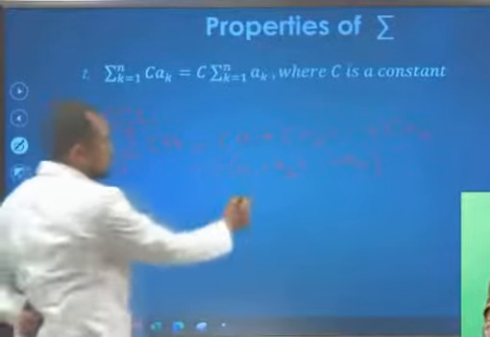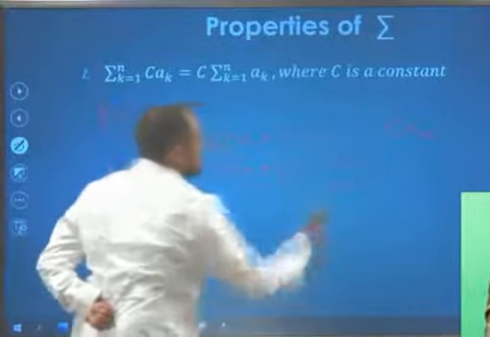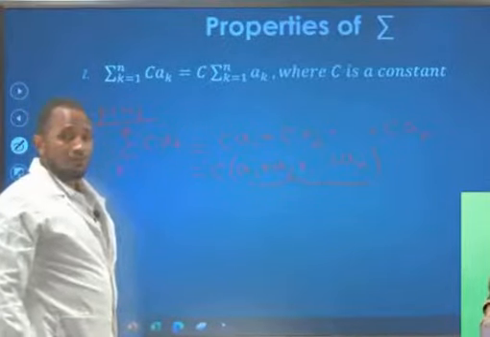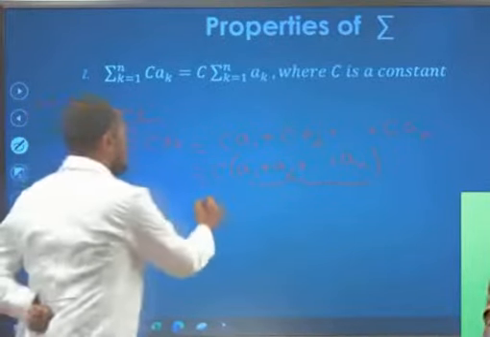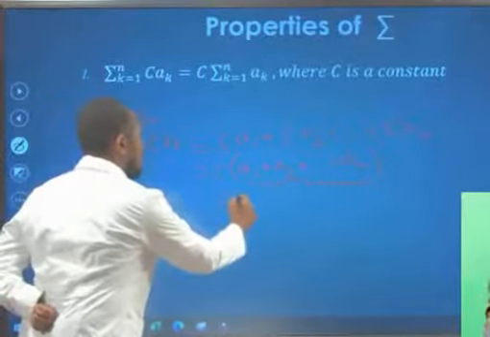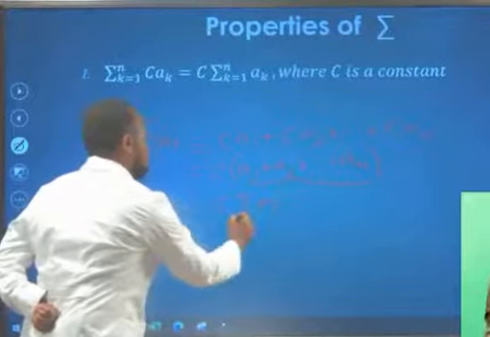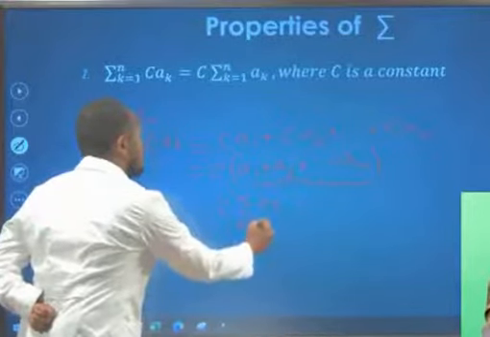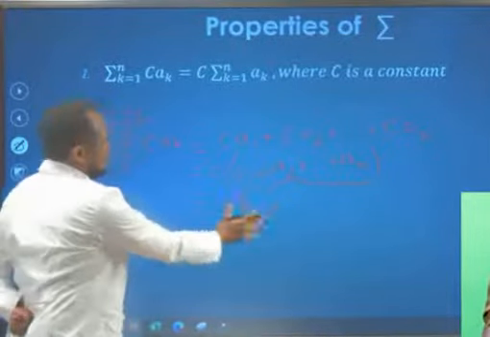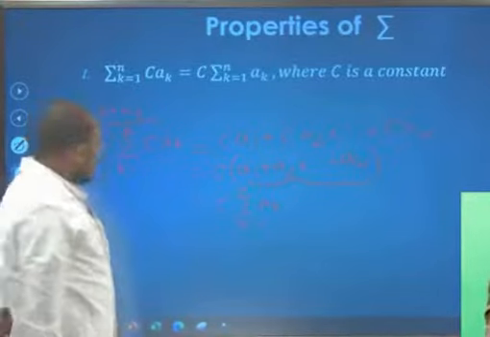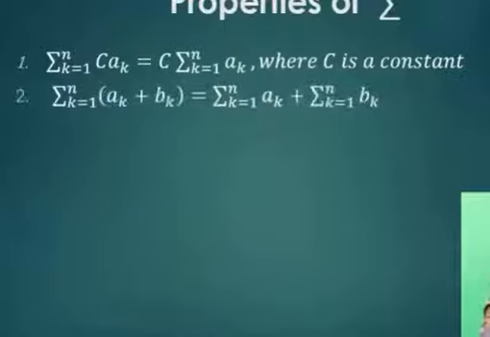From this you can see that this is the sum of a_k, k starts from 1 up to n. So this is equal to c times the summation of a_k, k starts from 1 up to n. So this completes the proof. Simply, you can prove the property. Now let's continue to the second property.